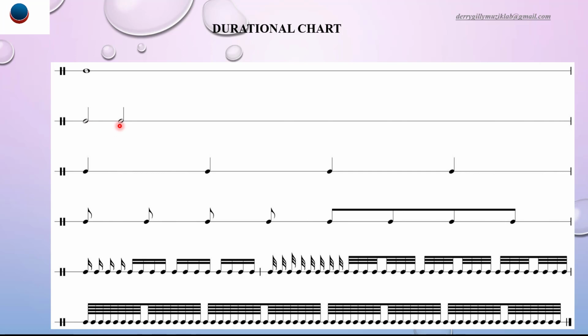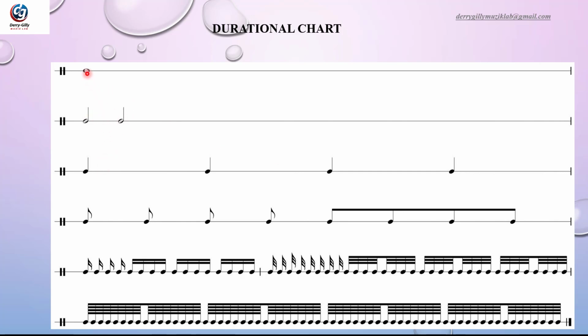One minim, another minim will give me that. Then we can see that four crotchets, 1 2 3 4, is giving me two minims, then one semibreve.